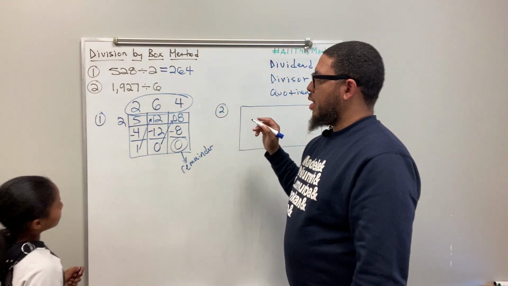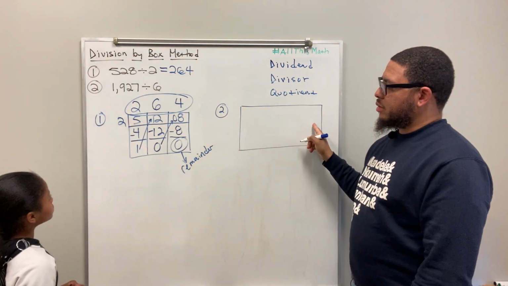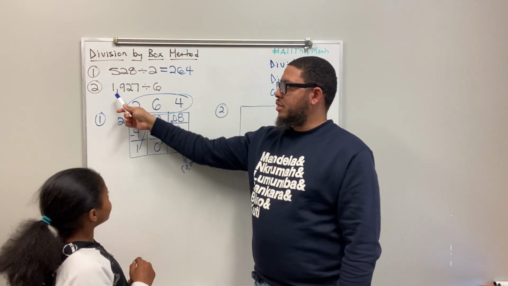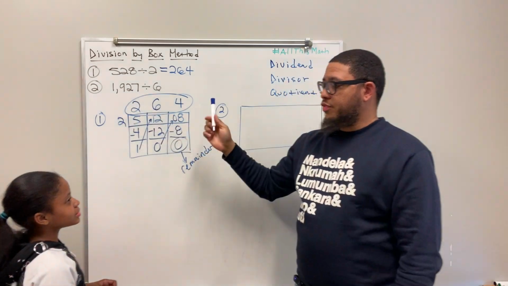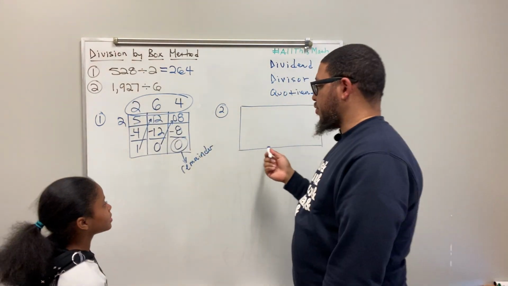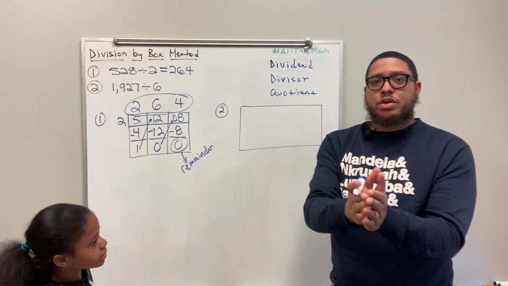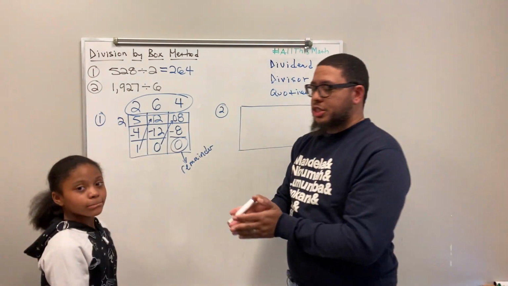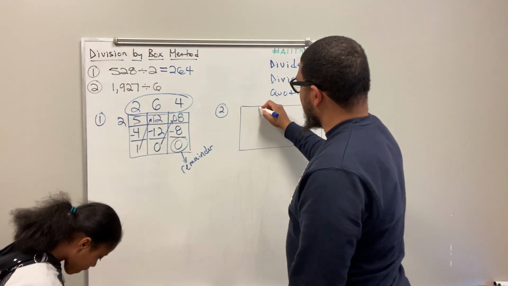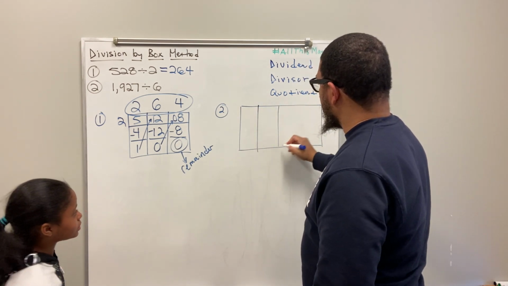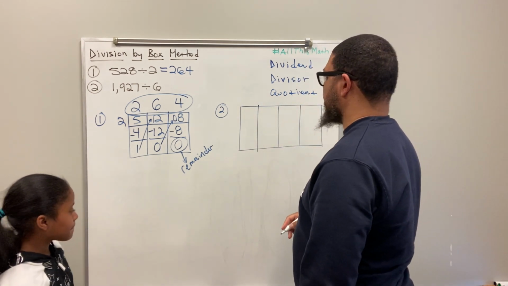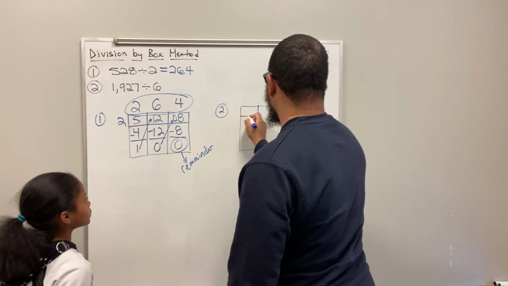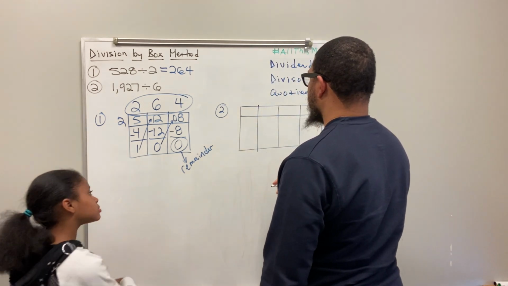And how many columns should I have in this box? If my dividend has 4 numbers in it, how many columns should I have? 4. Because we have an equal number of columns to digits in the dividend. So I go boom, boom, boom.